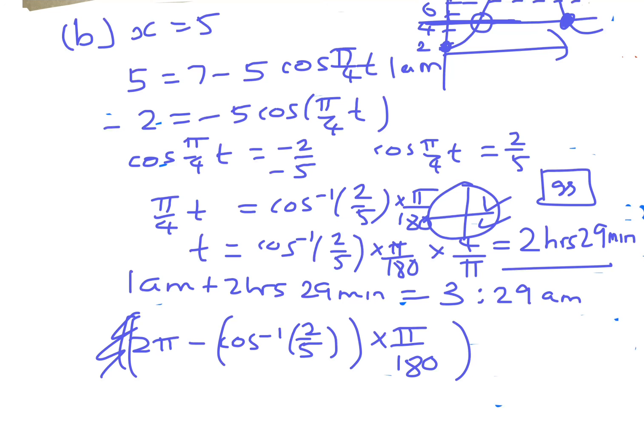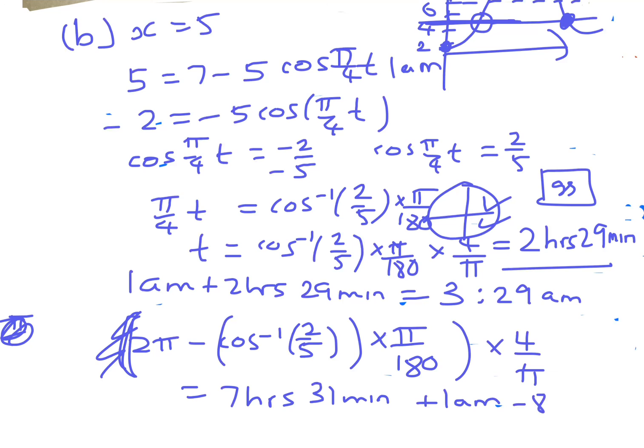And we then also have to times by 4 on pi, because that's what pi on 4t equals. And once we get this time, we have to add it on to 1 a.m. So it equals 7 hours and 31 minutes. So if you add that on to 1 a.m., it ends up being 8:31 a.m.